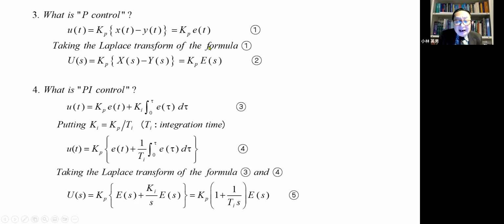But when we apply Laplace transform to number one formula, then we can get number 2 formula. Okay, this becomes like this. As for the detail, I'll explain in another lecture.